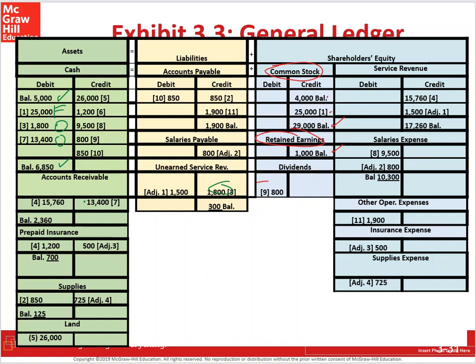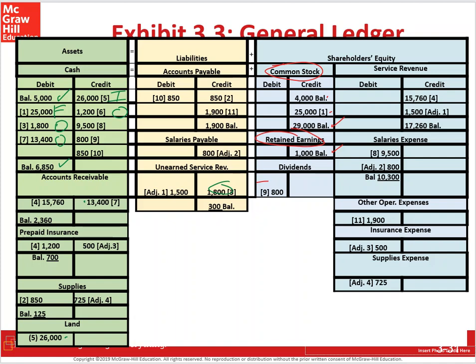Let's go over to the credit side and look at our outflows. We have a $26,000 outflow that was for the purchase of land. So that's IA. Oh, that's an ugly I. Try again. Okay, that's an I. Then we have a $1,200 outflow. I think that was prepaid insurance. So prepaid insurance would be OA.